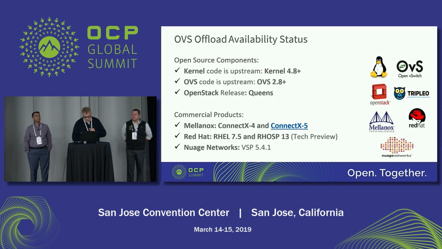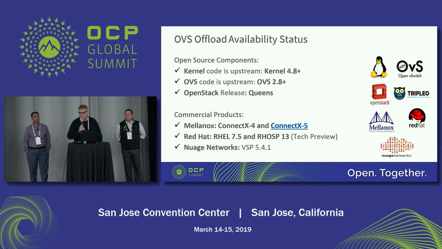So again, just to underscore the fact that all of this is built on open standards, the environment for doing this testing is basically a kernel that's maybe 4.8 or later in terms of Linux kernels. A lot of that had been backported by Red Hat, for instance, into the RHEL 7.5 release.